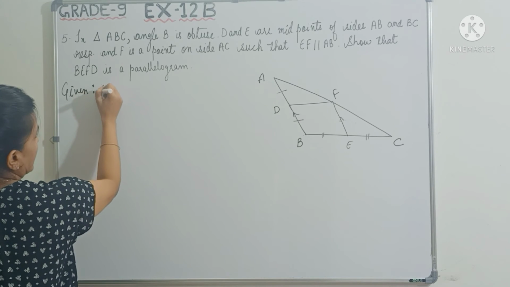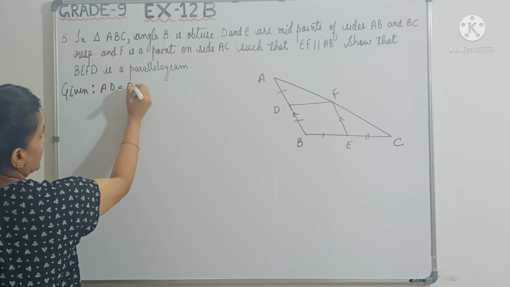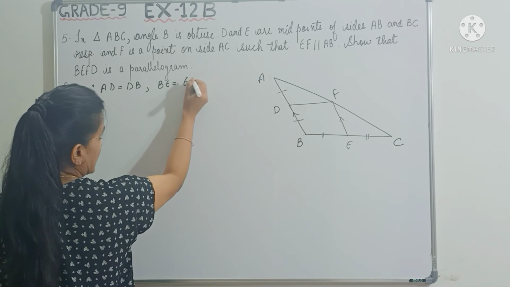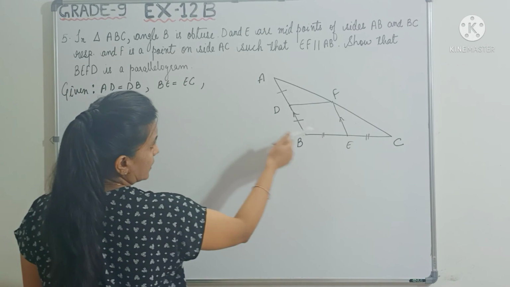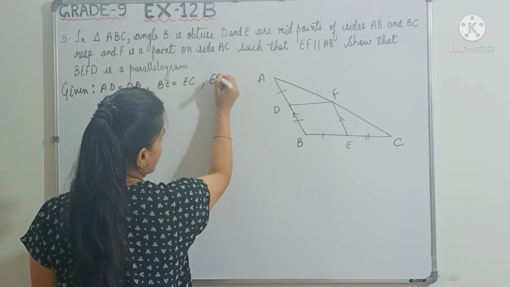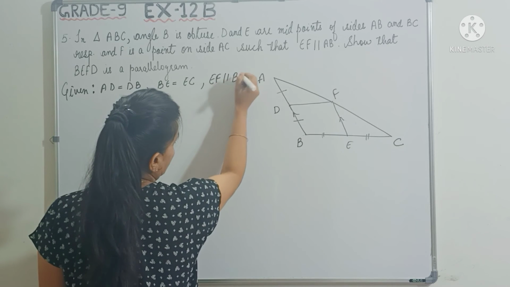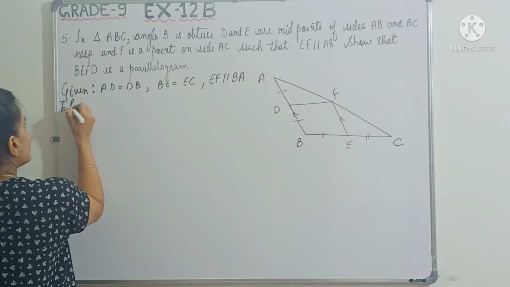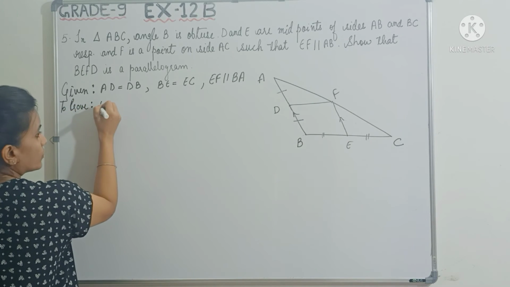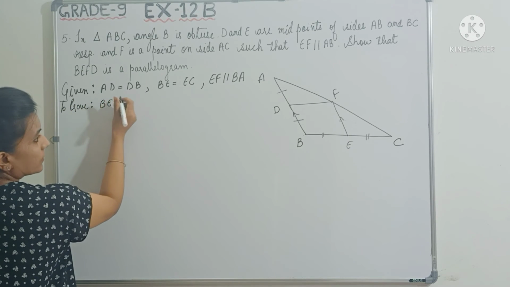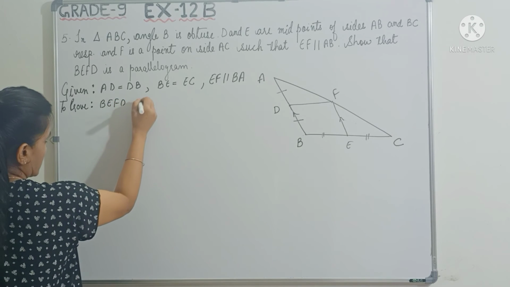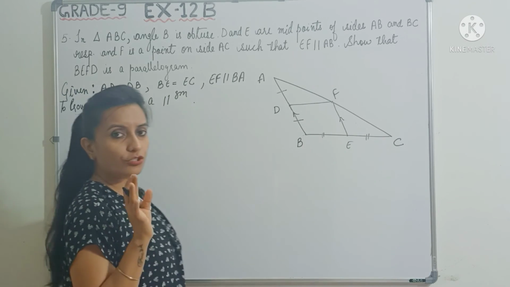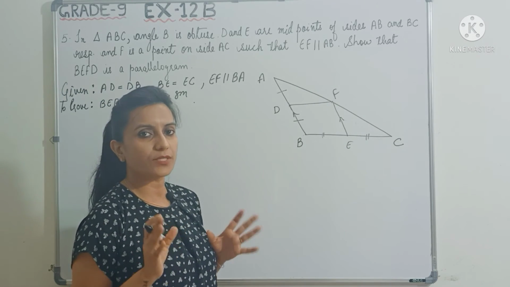So given is AD is equal to DB, then BE is equal to EC, and EF is parallel to BA, right? That's it. Yeah. And what do you have to prove? You have to prove BEFD is a parallelogram.